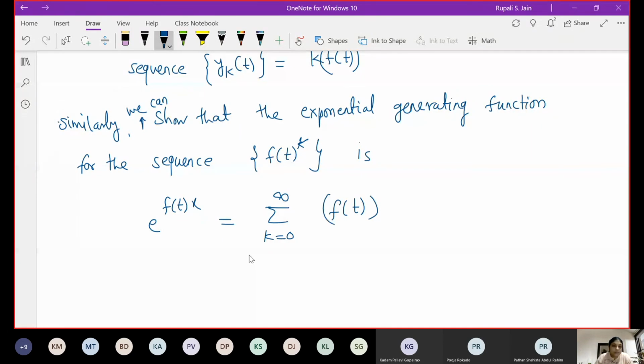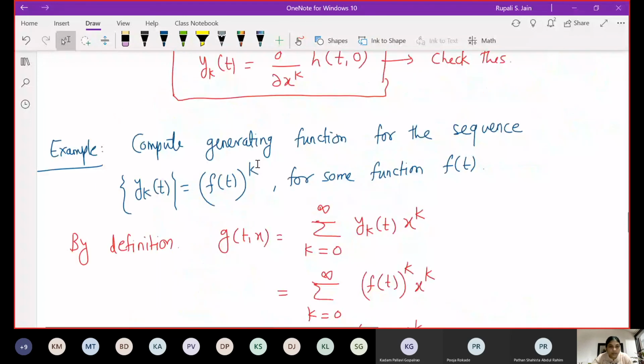Can you show this now? I want to find the exponential generating function for the sequence f of t raised to k. Just now we have found the simple generating function for f of t raised to k. Now if I want to find the exponential generating function, what do I have to do?